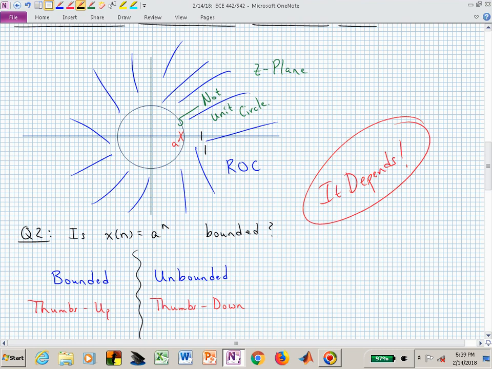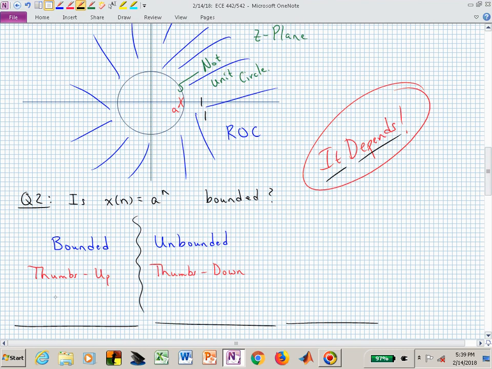Actually, I wanted you to just try to understand what the magnitude of A needs to be in order for a thumbs up decision. Based on this region of convergence, we know x of n is actually a to the n u of n. I'm using u of n as a switch. U of n will turn that on when the argument inside that step function is non-negative.